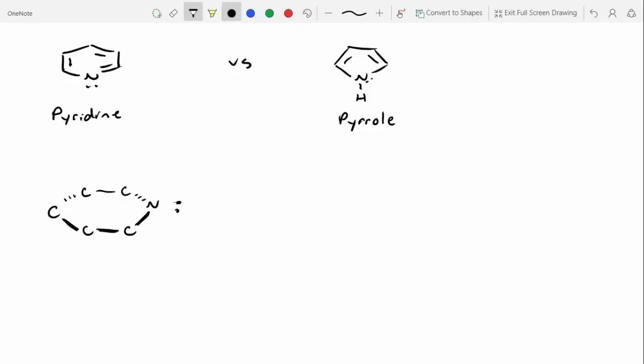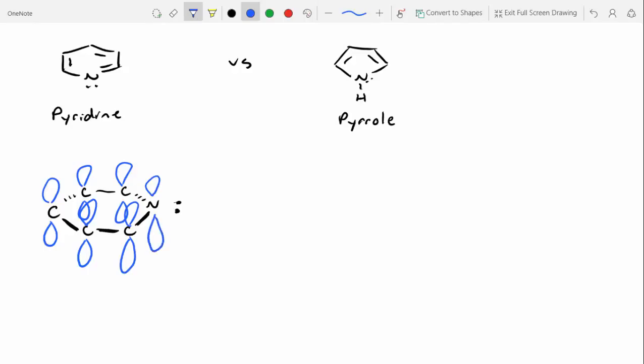And then we've got this lone pair kind of sticking out to the side, right? Each of these carbons has a p orbital, right? Because they're all involved in a pi bond. And then the nitrogen also has a p orbital because it's involved in a pi bond, right?